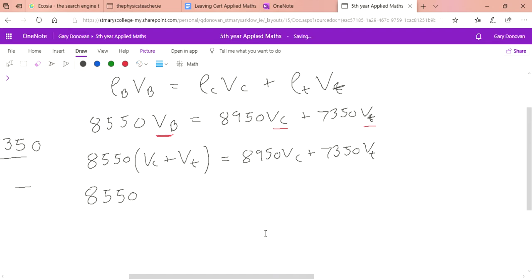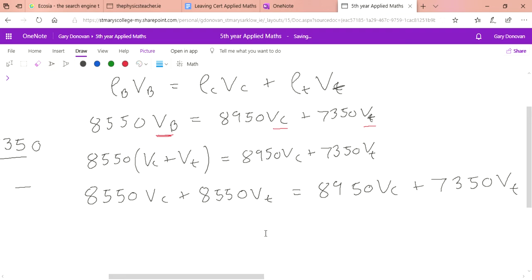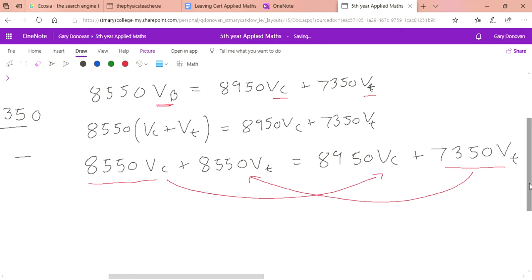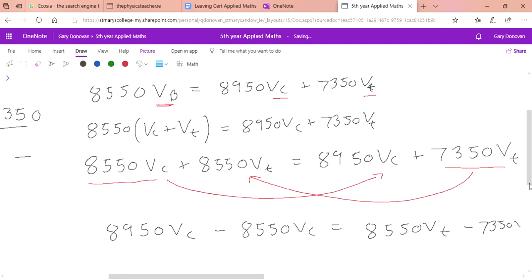So 8550 VC plus 8550 VT equals 8950 VC plus 7350 VT. Let's bring the like terms together. So we'll bring this to the other side, and then we bring this over to this side, and we'll be left with 8950 VC, take away 8550 VC, equals 8550 VT minus 7350 VT.